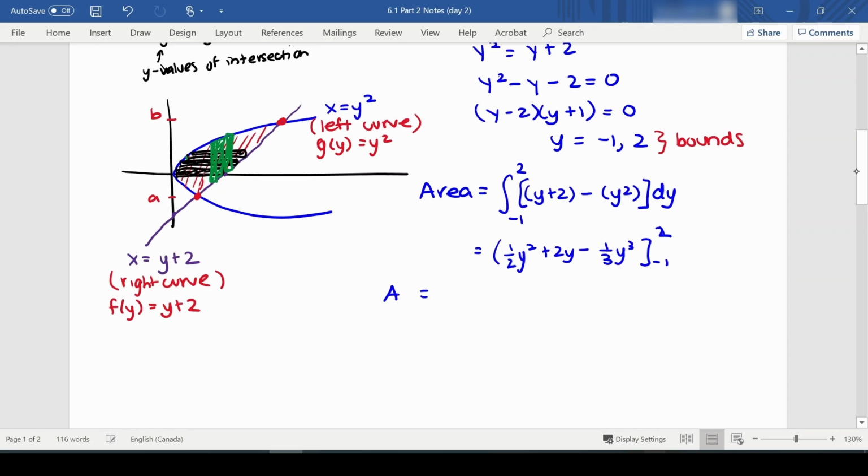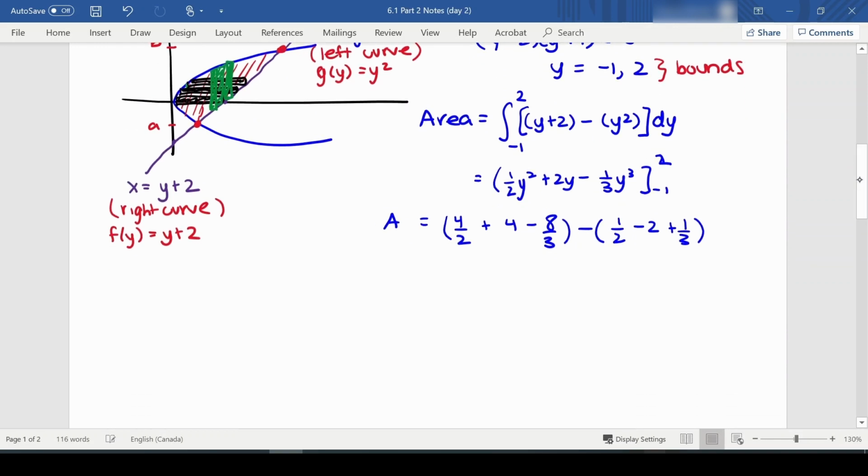Or in other words, I'm just going to move over because I have big writing here. 4 over 2 plus 4 minus 8 over 3 when we plug in 2. And 1 over 2 minus 2 plus 1 over 3 when we plug in negative 1.